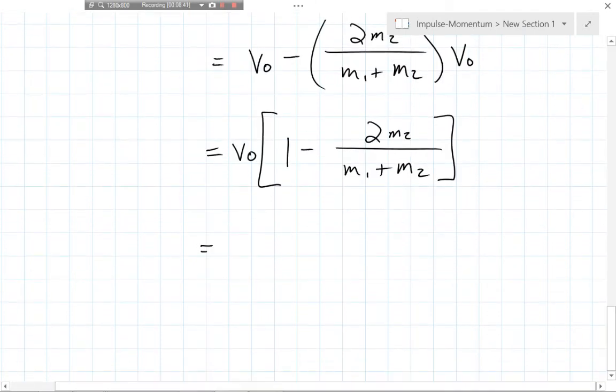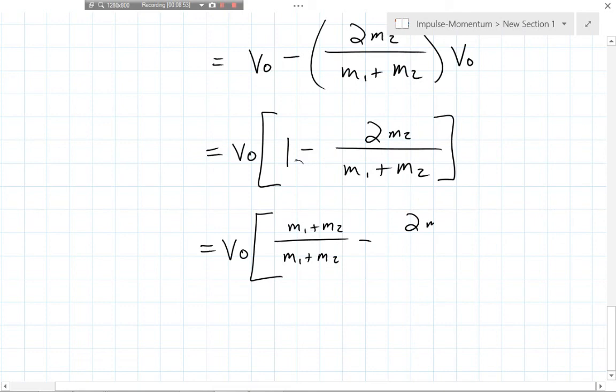And then if I give this whole thing in here a common denominator, I can simplify things just a little bit further. So this is going to be m1 plus m2 divided by m1 plus m2. That's what 1 is. Minus 2 m2 divided by m1 plus m2.